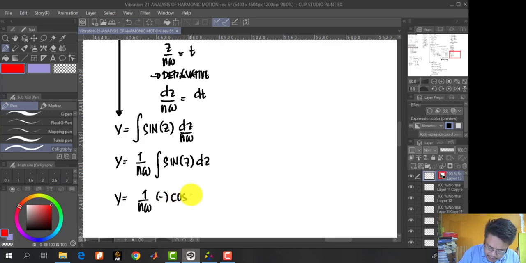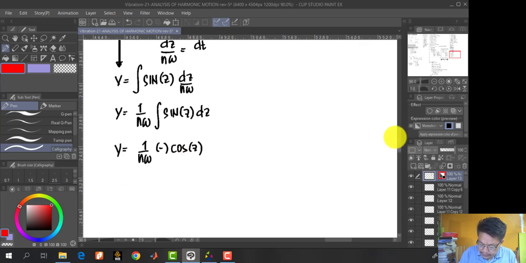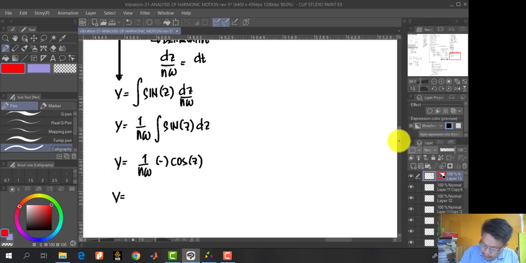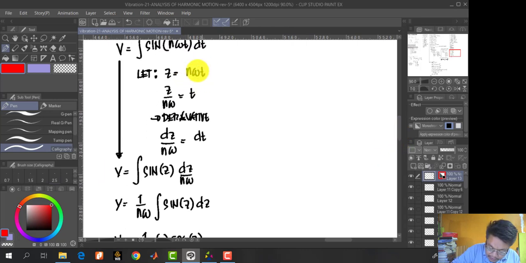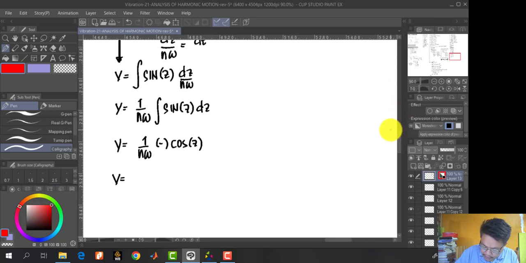So this is negative cosine of z. Then going back to the value of z, I'll substitute it here. So this will become negative 1 over n, angular velocity, times cosine of n, angular velocity times time. So that will be the value of my v.